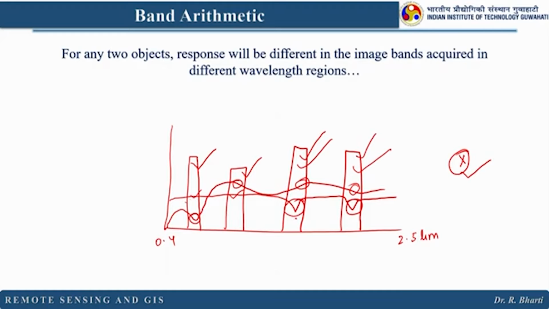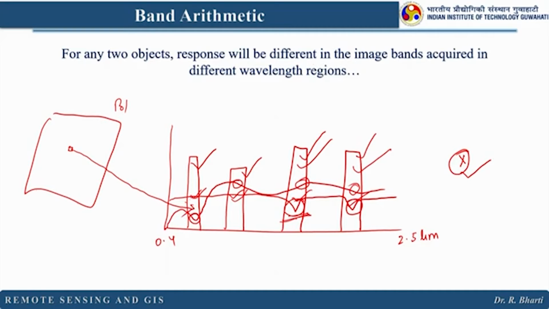This is basically from one pixel of this image. In band 1, this is the value, for band 2 this will be the value, band 3 this will be the value, band 4 this will be the value. If you compare with respect to spectral information, you can easily find that the response of the target is different in all the bands.